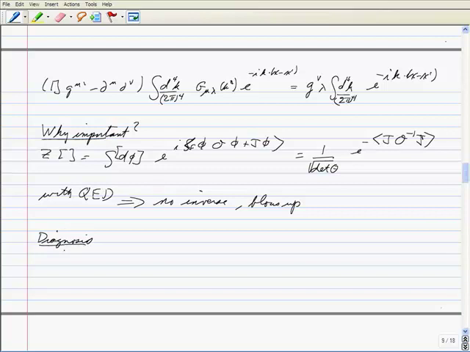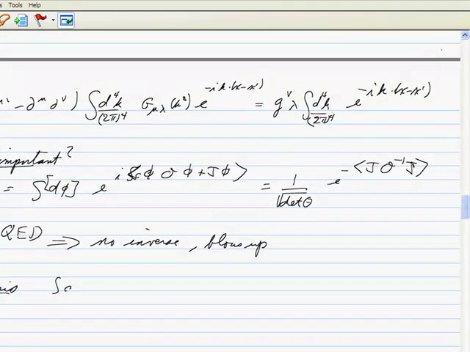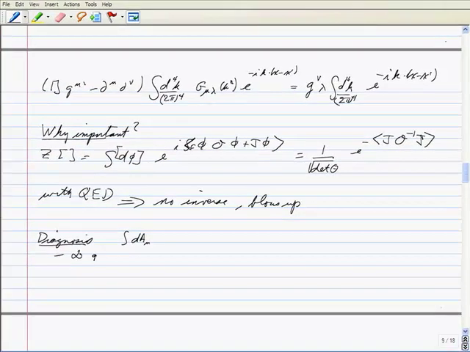And what's wrong with it is that when we do the integral d A mu, there's a lot of copies. There's an infinite number of gauge copies in the path integral.